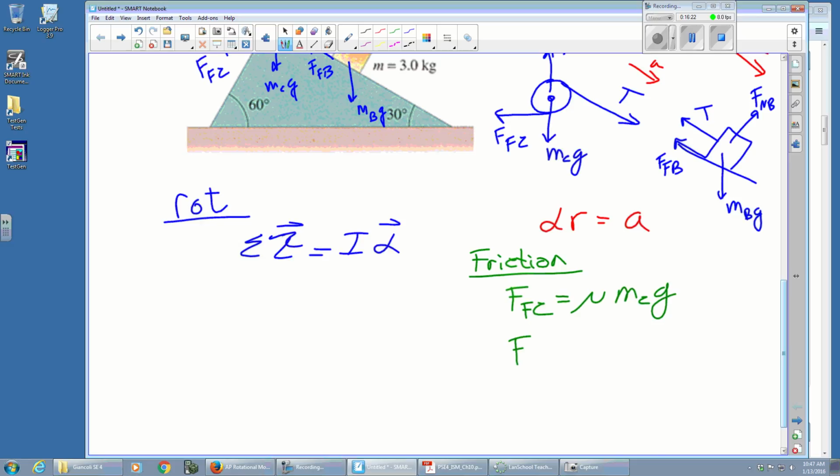And the frictional force on the box is going to be mu times the component of the box's weight, which would be the cosine of theta, or 30 degrees in this case, right? All right, so those are the two assumptions that we're going to make.